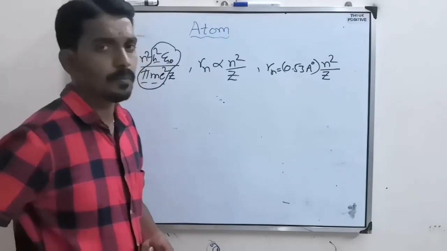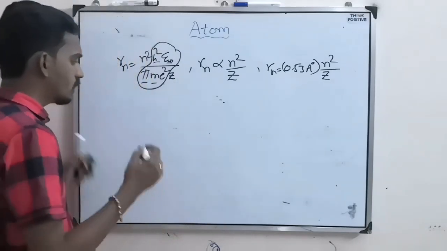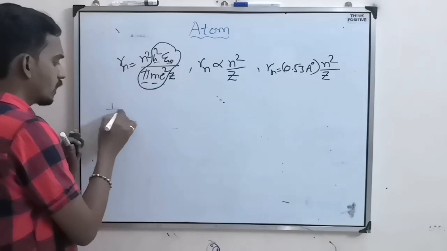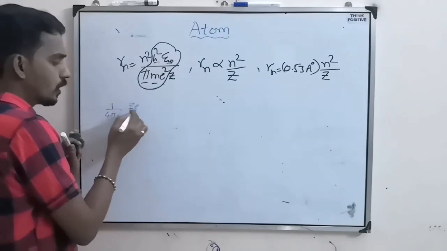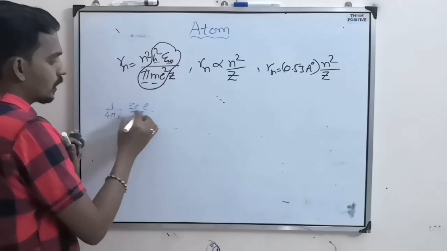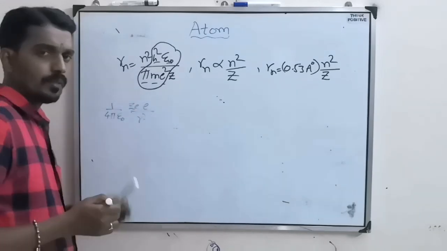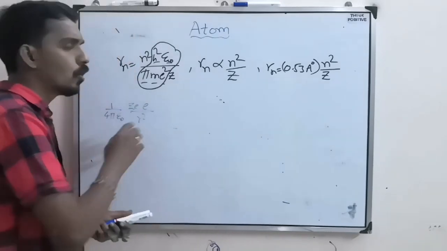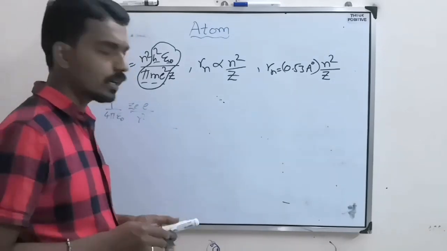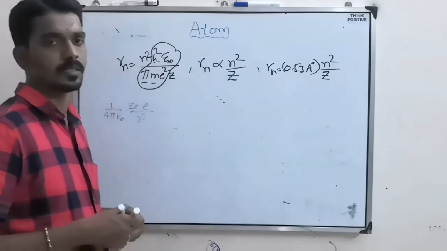But here you need to remember one thing: we considered the electrostatic attraction between the nucleus and only one electron. So we have made the equation for only one electron, that's why the Bohr model is applicable only to one-electron systems.